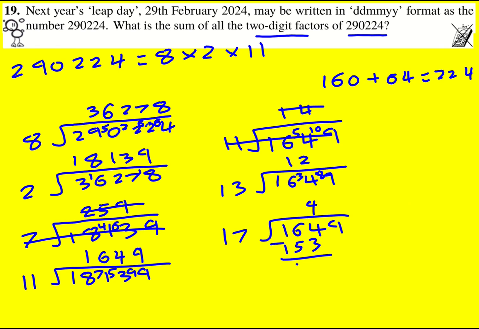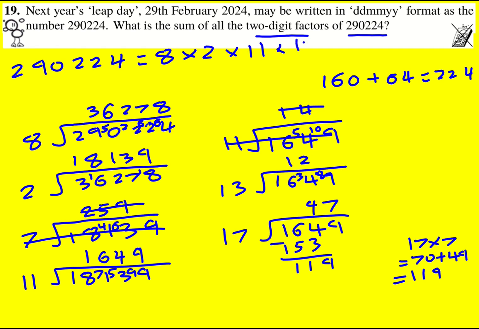So that will give me 11, bring the 9 down, so 119. Does 17 go into 119? If it does, then it's got to surely end in a 7 to get the 9. So I'll get 70 plus 49, which is 119. So it's going to be 7 times.